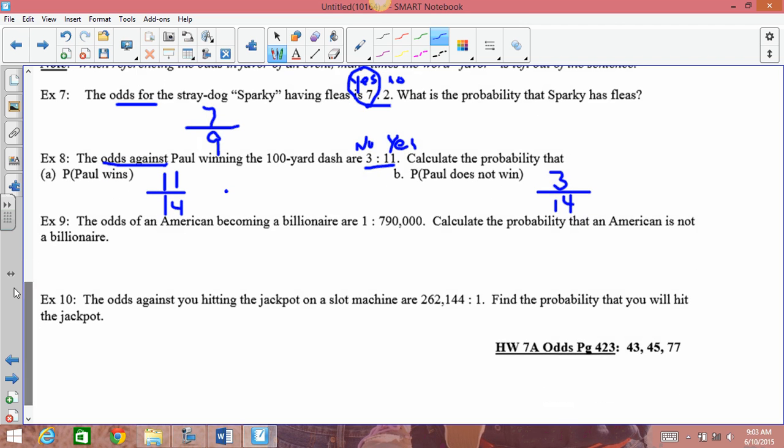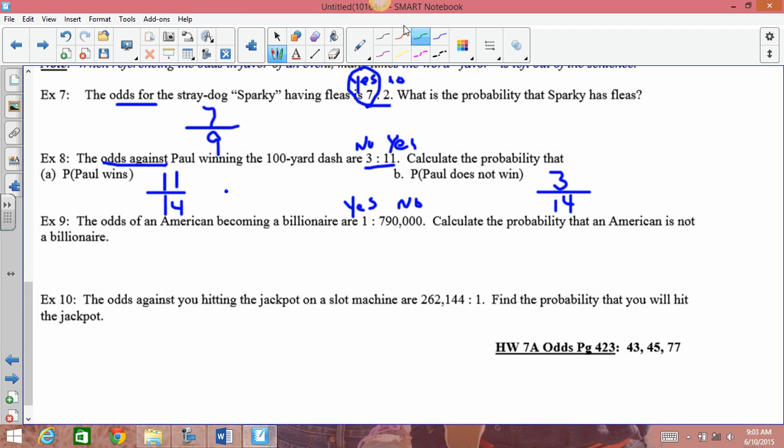And then I'll do one more with you since this one's just a larger number here. Odds of an American becoming a billionaire. So odds of it happening then, so that means the yes is coming first, the no is coming second. Calculate that an American is not a billionaire.